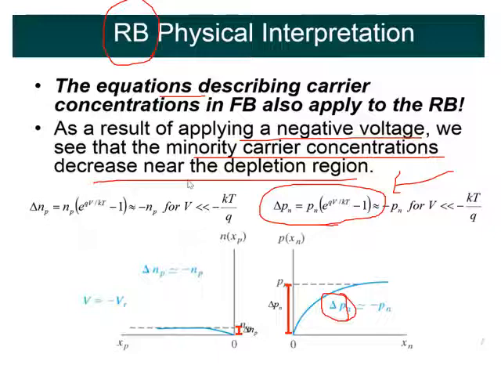So delta Pn is a part of that, and it is almost equal to negative Pn in the reverse biased condition. The concept I explained in the previous slide. Again, moving further.